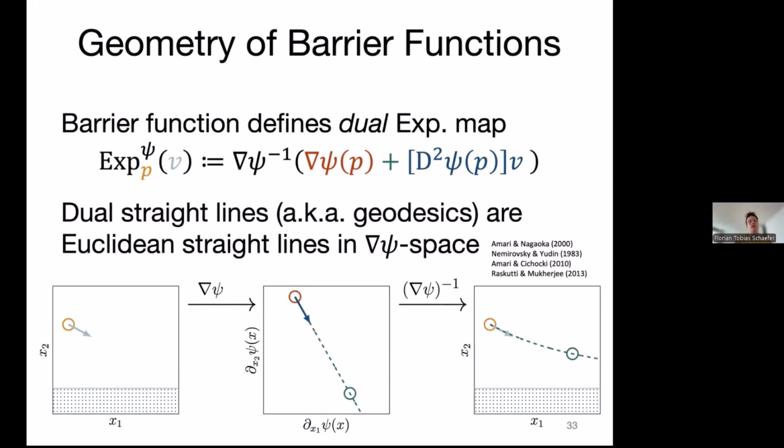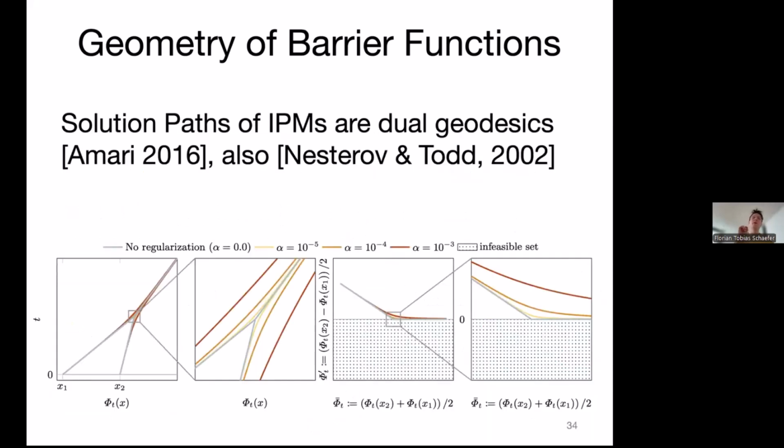In other words, we define a new notion of a straight line that is a straight line in this dual space defined by derivatives of our barrier function, and then we pull that straight line back to our original space. That's how we define an alternative way of defining straight lines in our original space. And now the punchline is that the solution paths of the interior point method that I presented earlier are exactly the dual geodesics, so these modified straight lines that we have just defined.